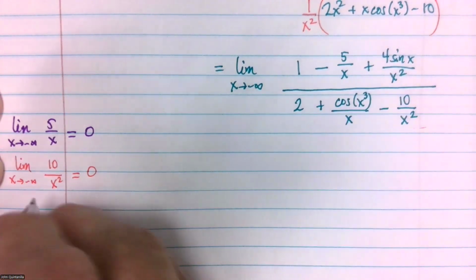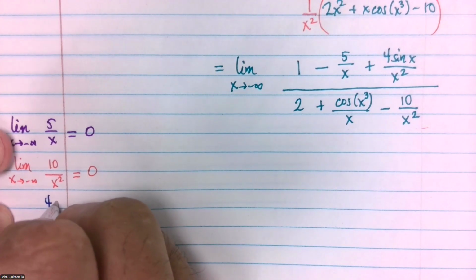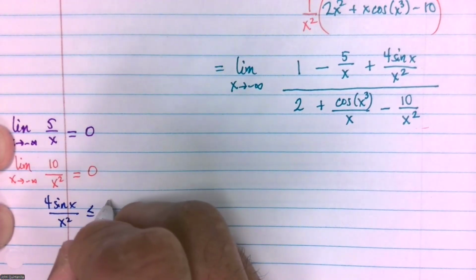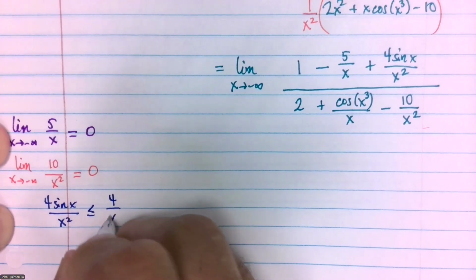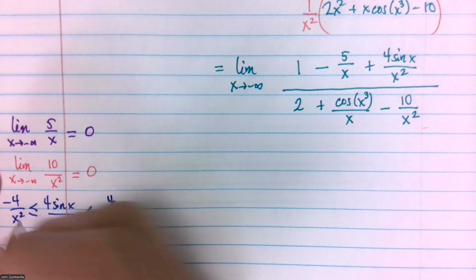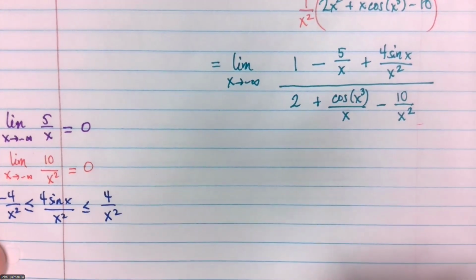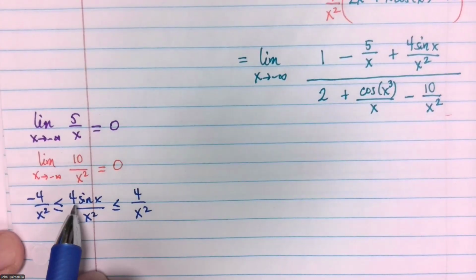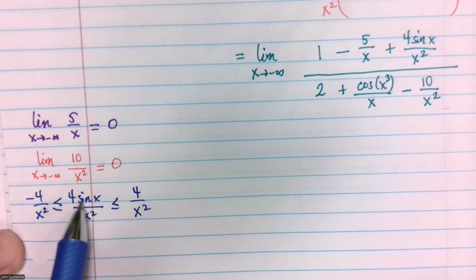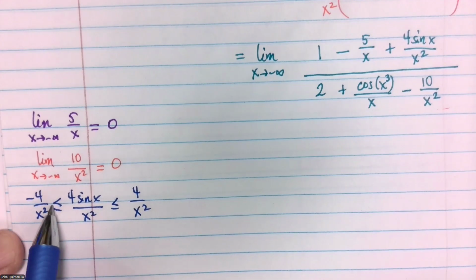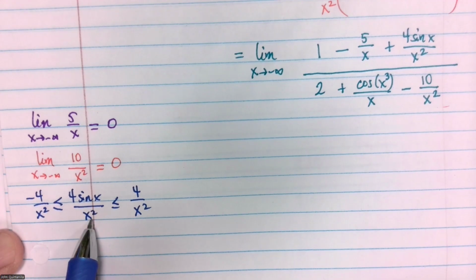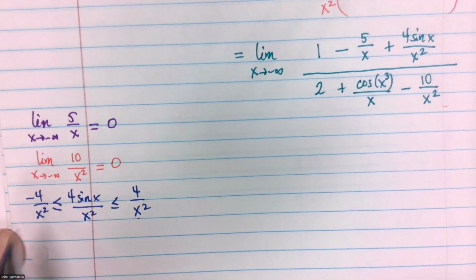For this fraction, 4 sine x over x squared, sine of anything takes values between negative 1 and 1. So 4 sine of x is going to be between negative 4 and 4. Therefore, 4 sine of x over x squared will be between negative 4 over x squared and 4 over x squared.